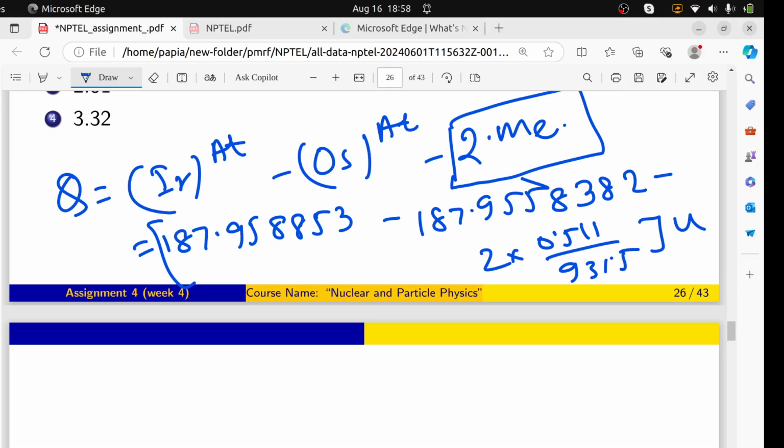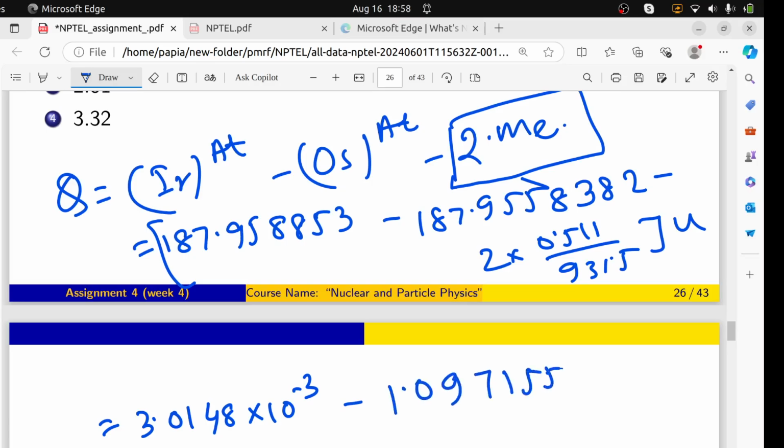So this is 3.0148 into 10 to the power minus 3, minus 2 into 0.511 divided by 931.5. So it will be 1.097155 into 10 to the power minus 3.